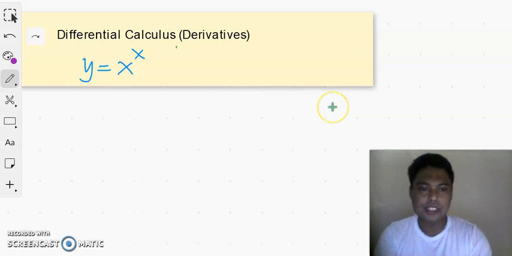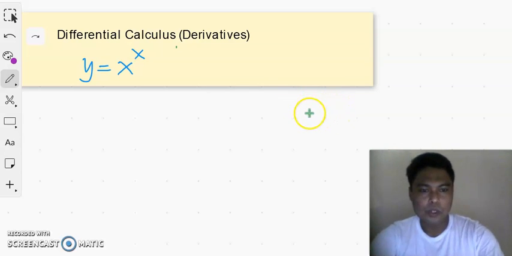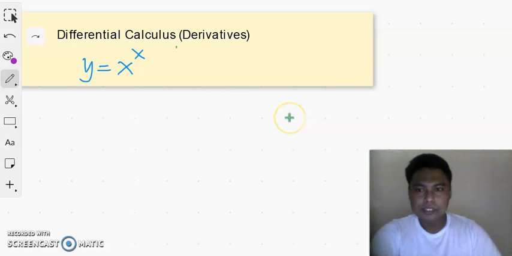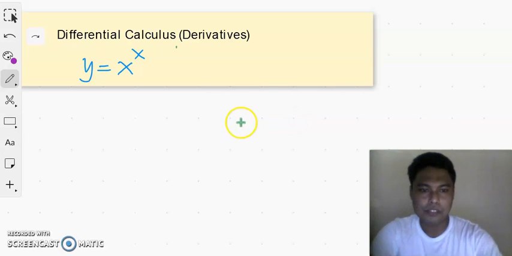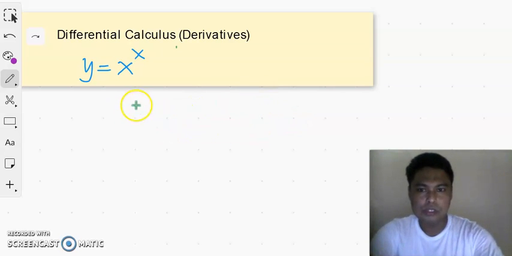For this session, we're going to solve about derivatives, all about differential calculus. So here is the problem. y is equal to x raised to the power of x.